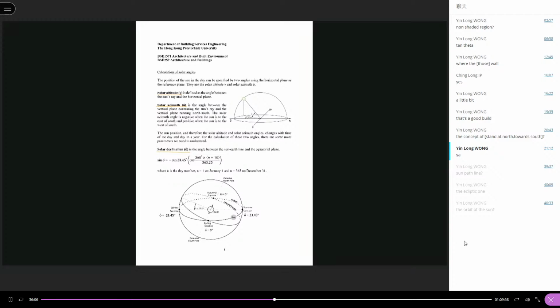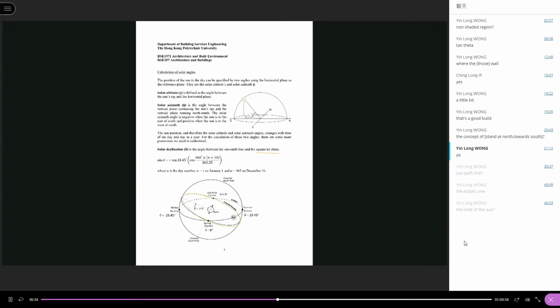So this equatorial plane will be this plane. This is the plane containing the equator. Oops, I erased it. Let me draw it again. The equatorial plane is this circle.